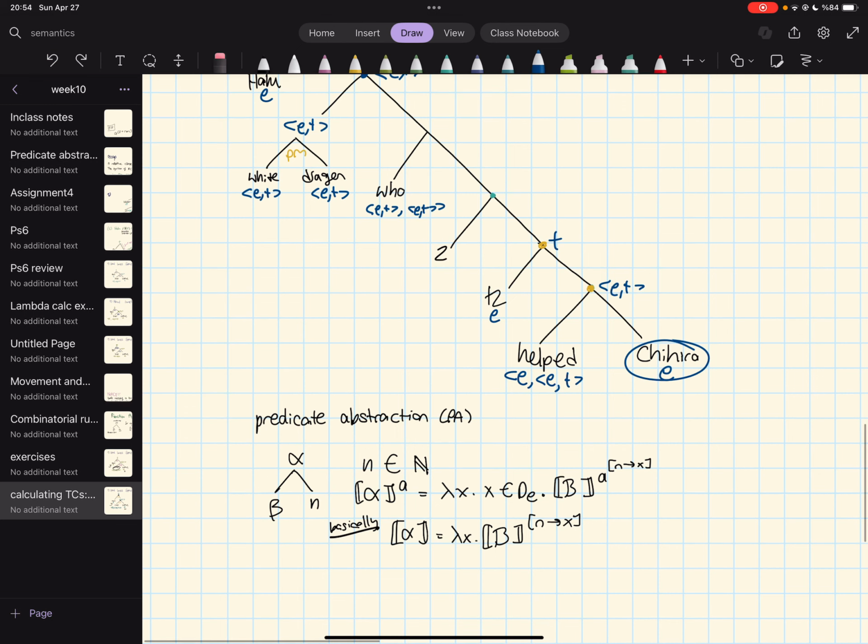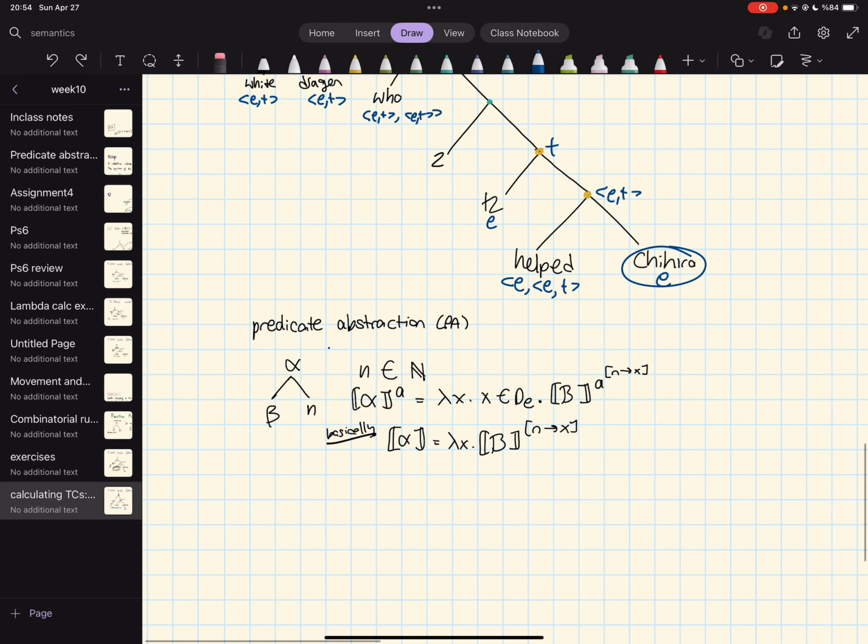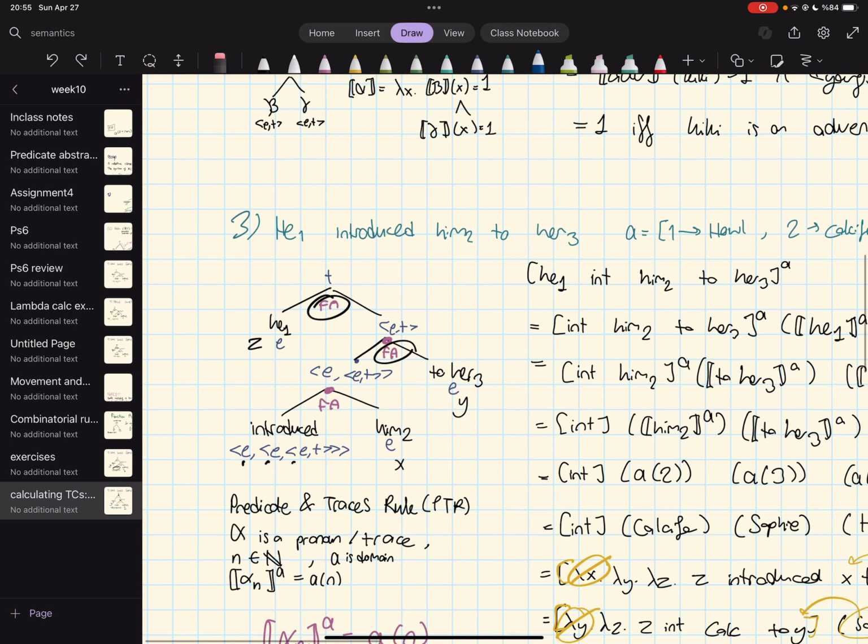use of predicate abstraction. Basically, when we see something like this, such that alpha is the mother, beta is the daughter, and the other daughter is n, such that n is a natural number, the denotation of their mother would have to be lambda x, such that beta in the domain of A denotes n, which is the index, which is also its sister, to x, or lambda.